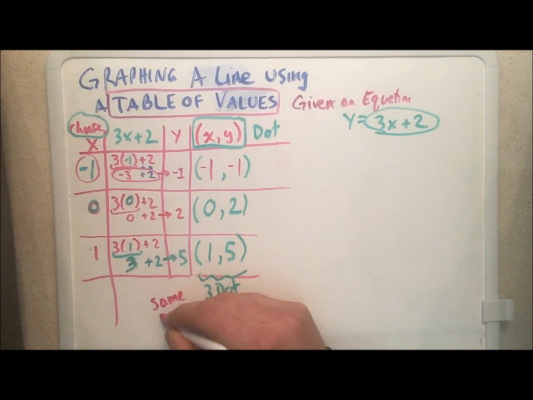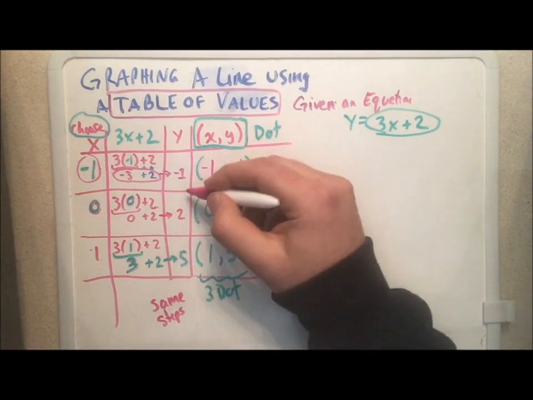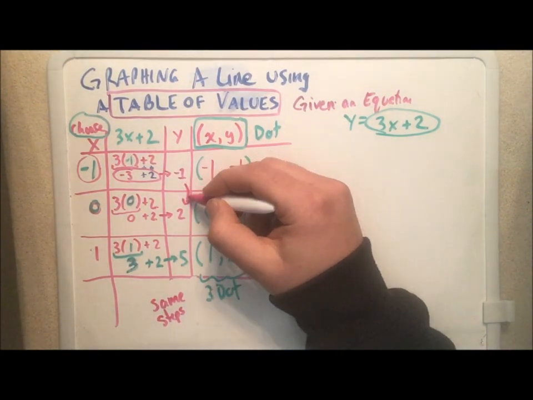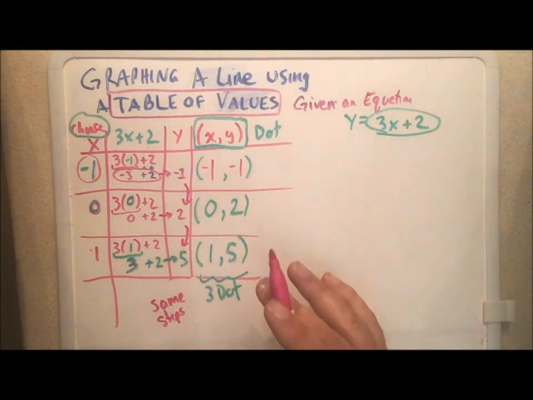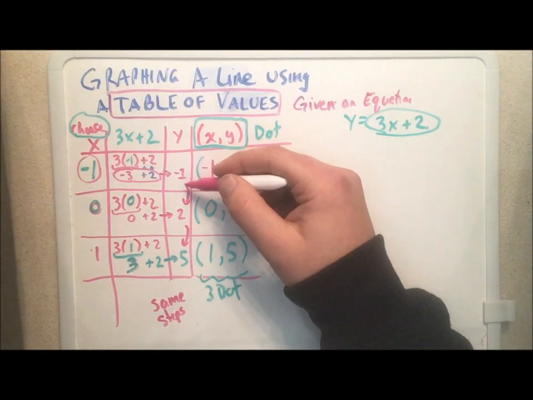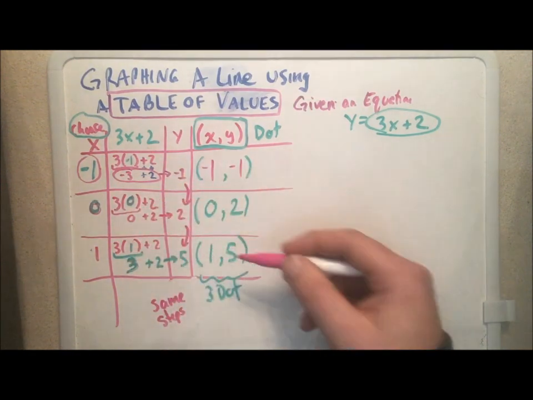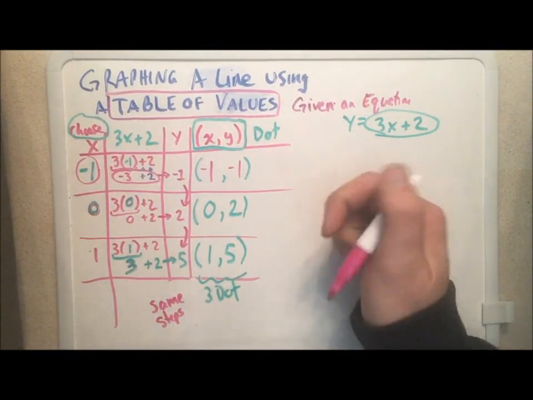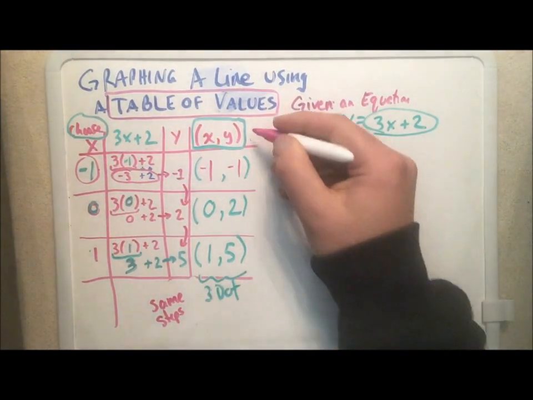Am I jumping up by the same amount each time? Here I can see I increased by 3, here I increased by 3. That's the giveaway that this was done correctly. If this was up by 3 and this was up by 4, then something happened with the math that was incorrect. All right, so let us draw this graph.